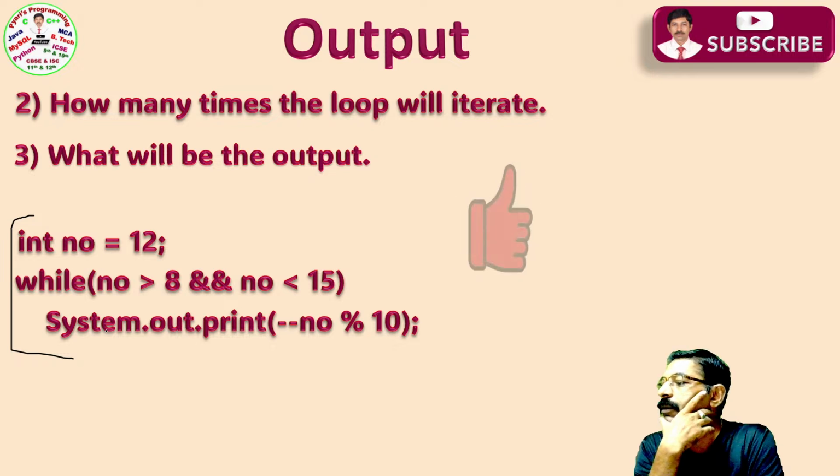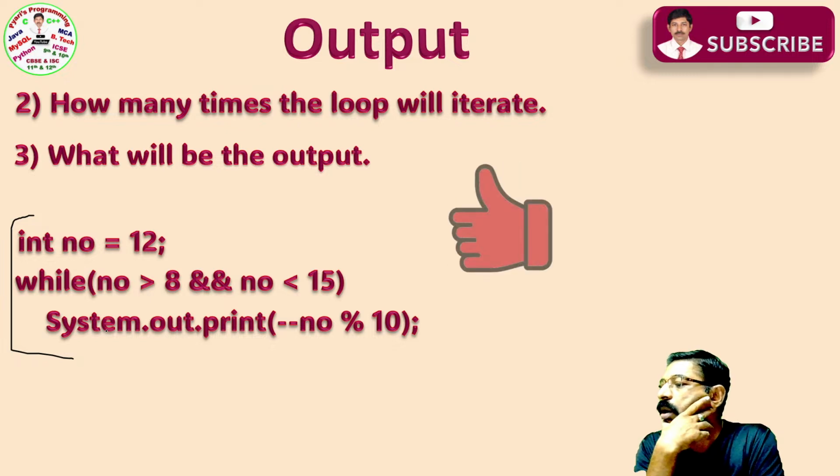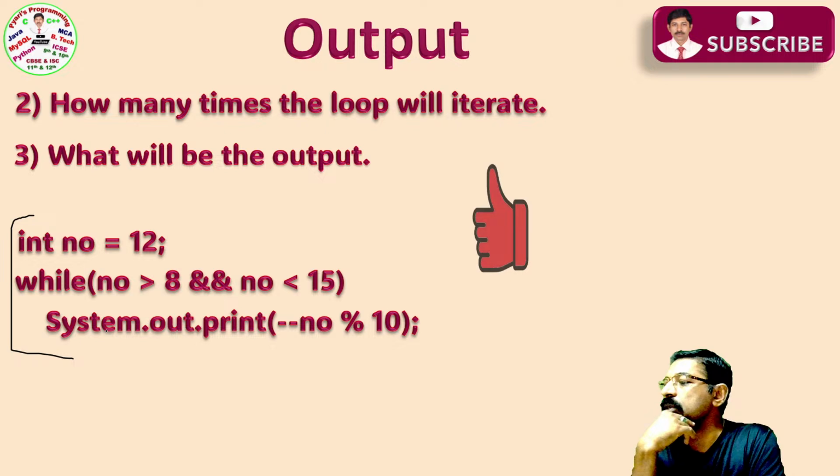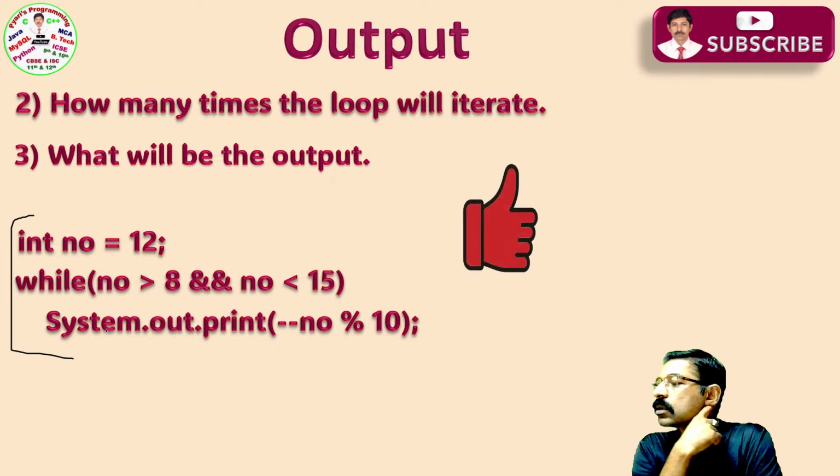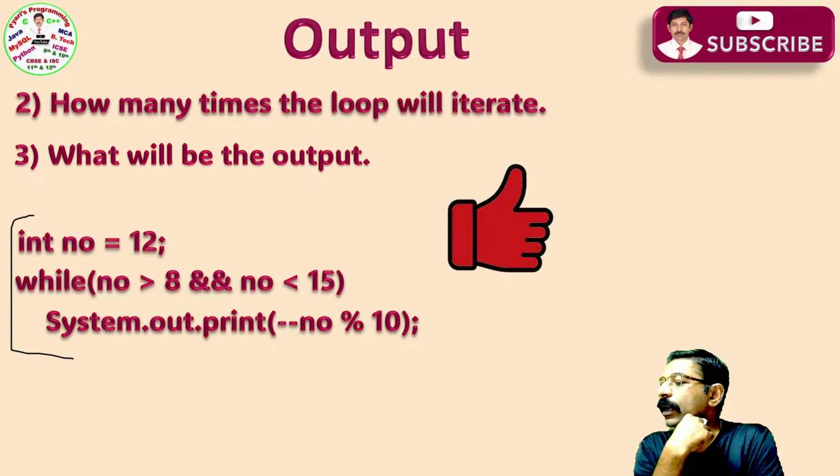Rajesh, check your answer. The loop will execute only once. Again, Rajesh, question 2 asks how many times the loop will iterate? Your answer is 109 times. Check before sending your answer.